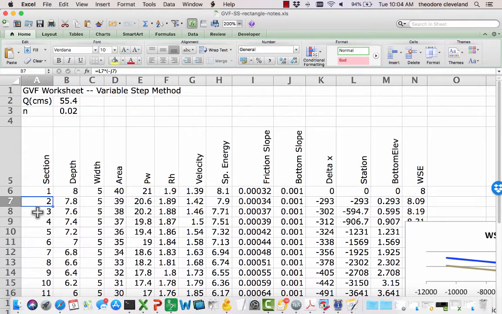Move to the next station. Station 3, depth 7.6. All the requisite calculations. New spatial difference is minus 302 meters. We add the minus 302 to the 293 to get a minus 594. Bottom elevation at this location is now 0.595. We add the 7.6 to the 0.595 to get an 8.19 water surface elevation, and we continue.